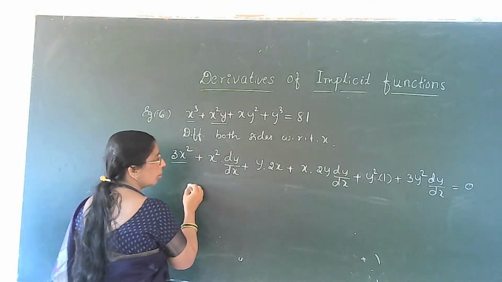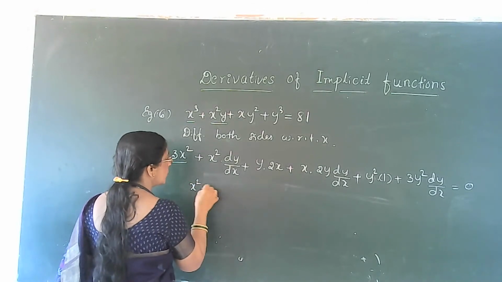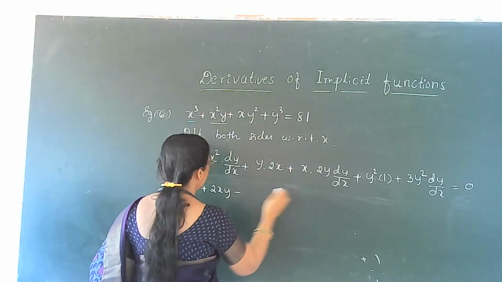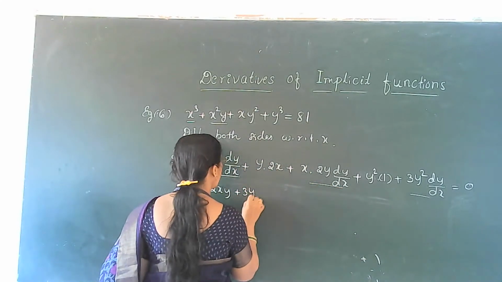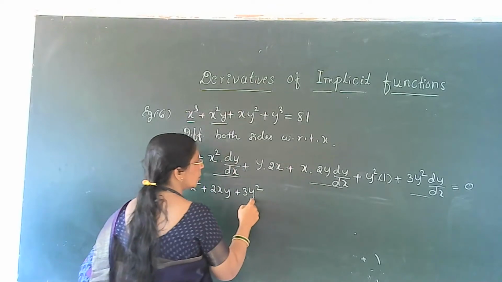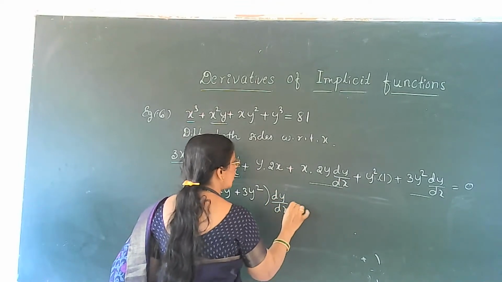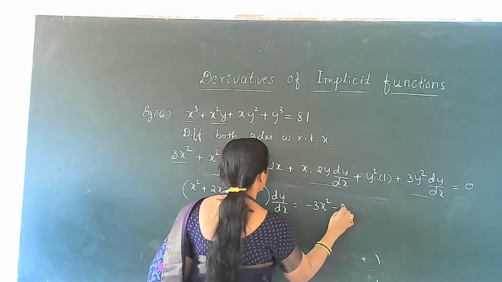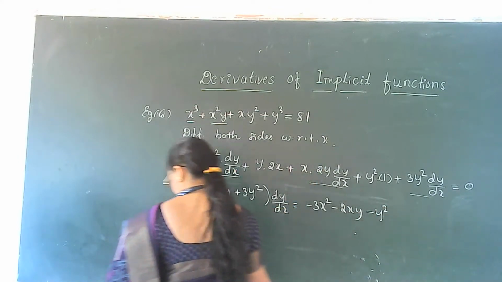Then we have to find the dy by dx by taking terms together. x square plus 2xy plus 3y square into dy by dx is equal to minus 3x square minus 2xy minus y square.